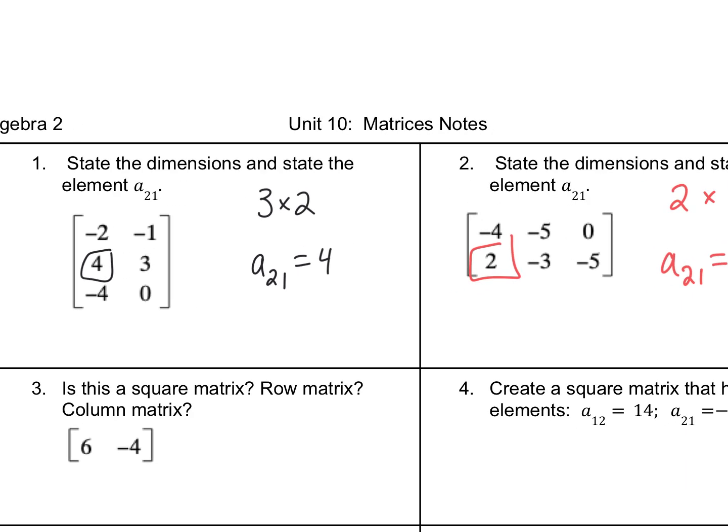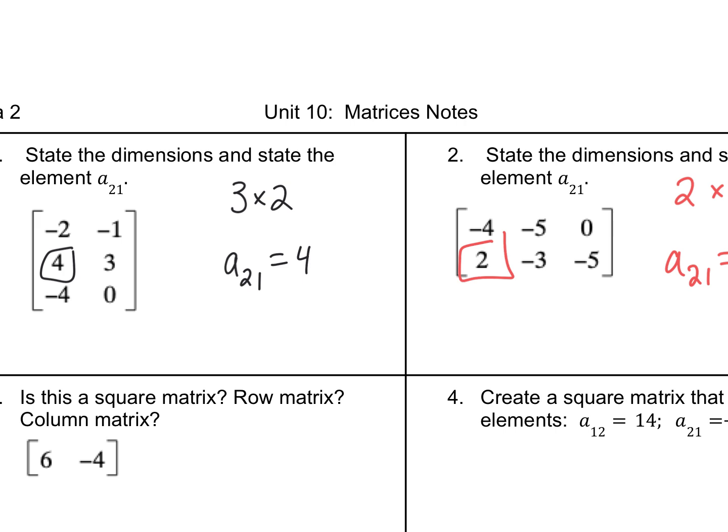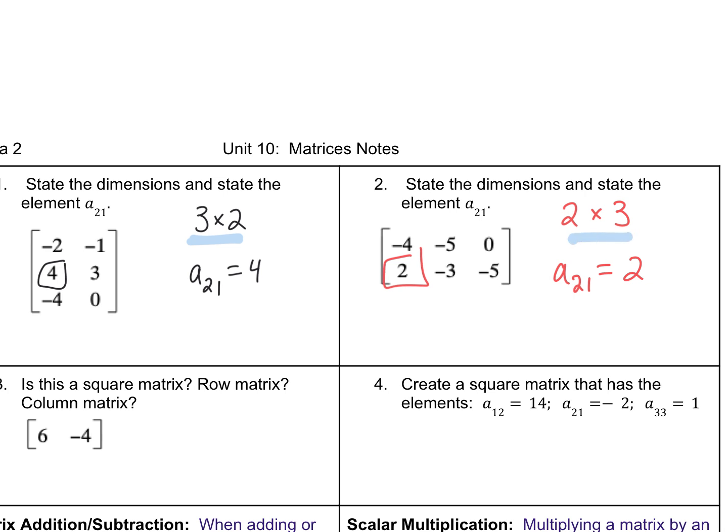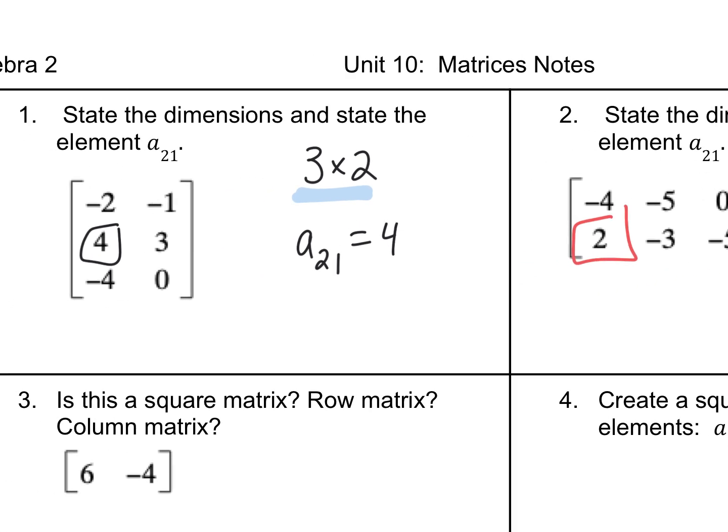That's right. One thing I want to point out, because I hear a little bit of frustration. Up until this point in math, 3 times 2 and 2 times 3 have always been the same thing, right? Because that looks like multiplication, and multiplication's commutative. We know 3 times 2 is 6, 2 times 3 is also 6. When we're talking dimensions of matrices, these are not equal, and I can see that clearly here.